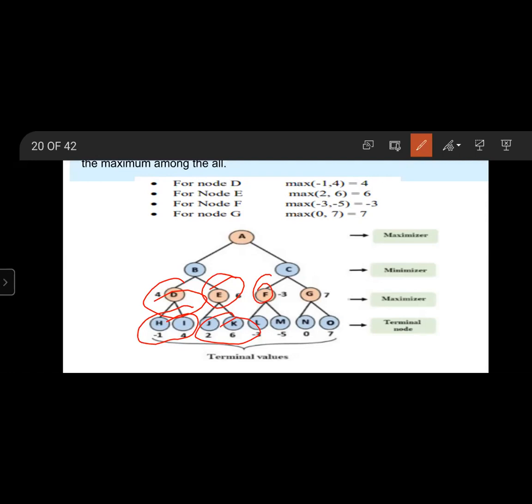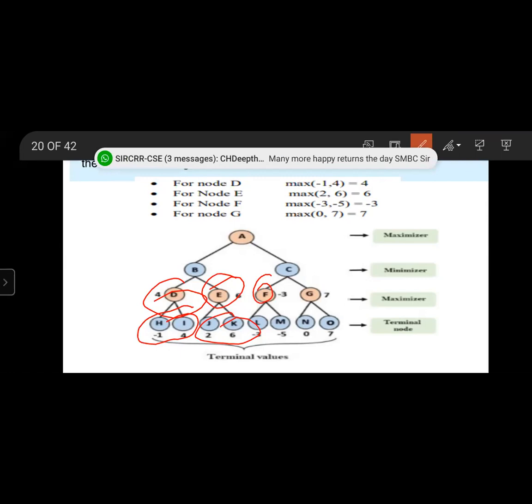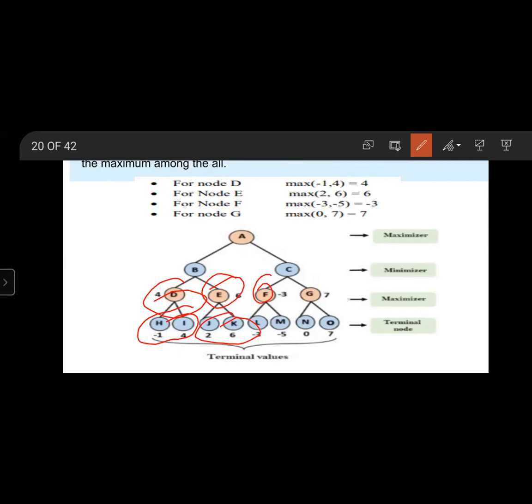What is the maximum value? -3. And next, for node G, what is the maximum of 0, 7? Maximum value 7. These are the terminal values: -1, 4, 2, 6, -3, -5, 0, 7.